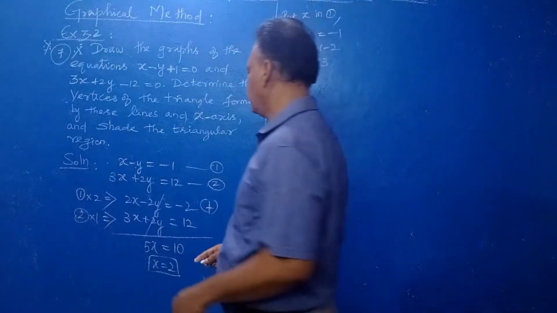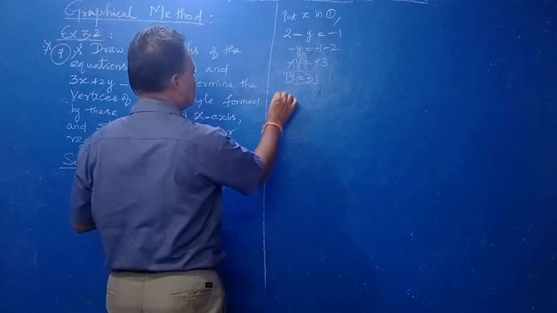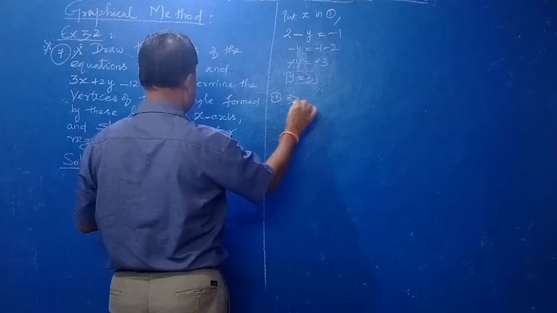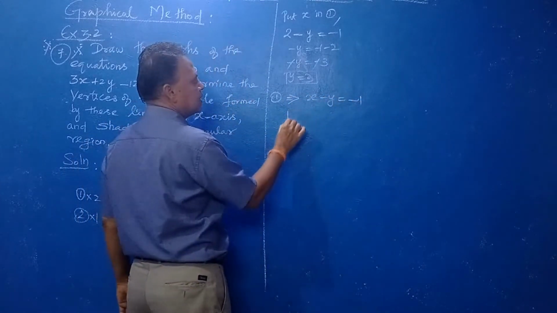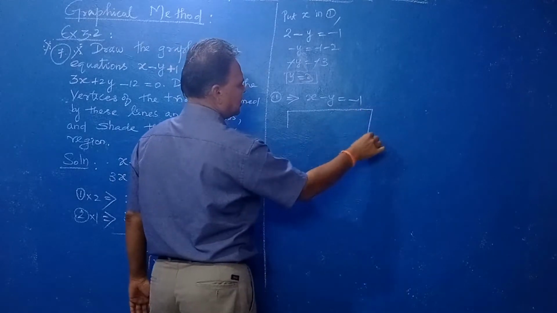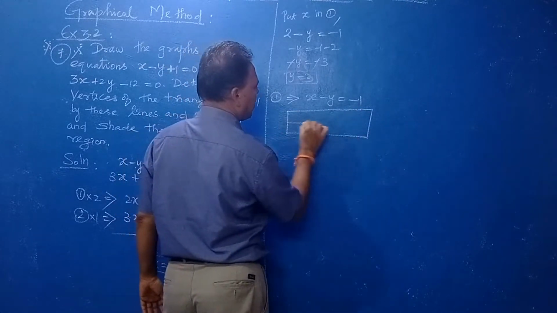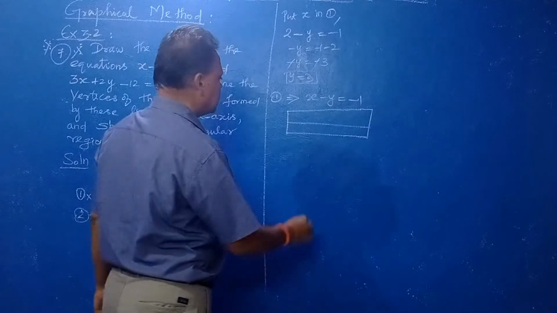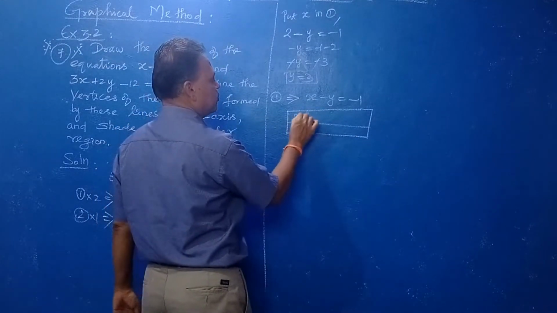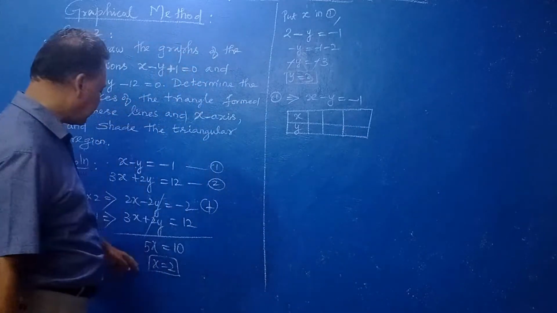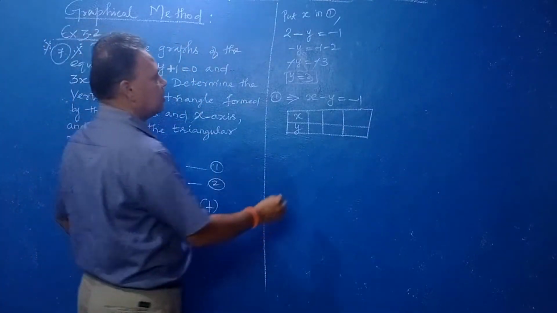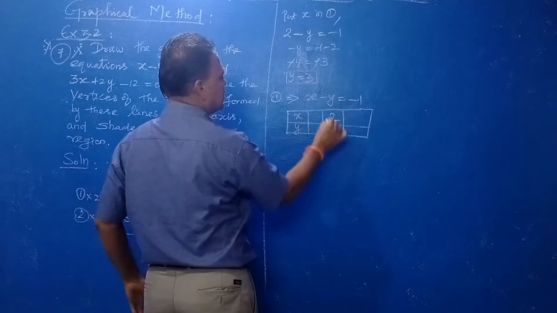Clear? You see, first take equation number 1, x minus y equals minus 1. Finding 3 solutions is enough. So what I am going to do is: x is 2, in the center you write, y is 3.